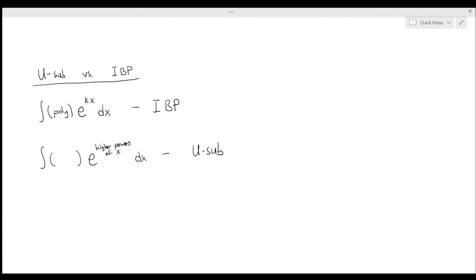And likewise, I'll mention a little bit about natural log. If you have a natural log inside the integral, unless you've got a 1 over x inside the integral as well, this could be done with a u substitution.